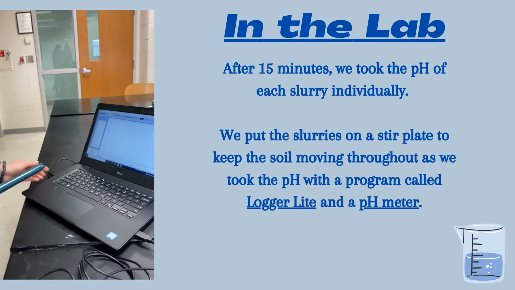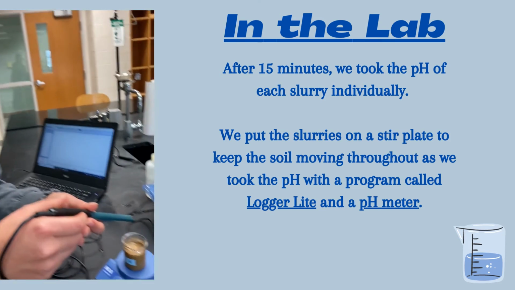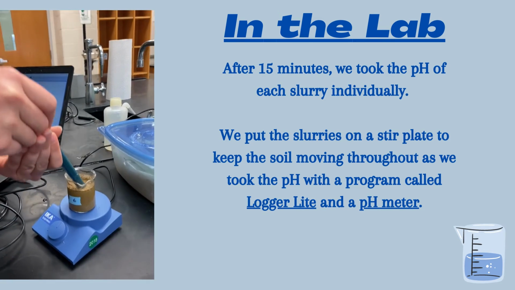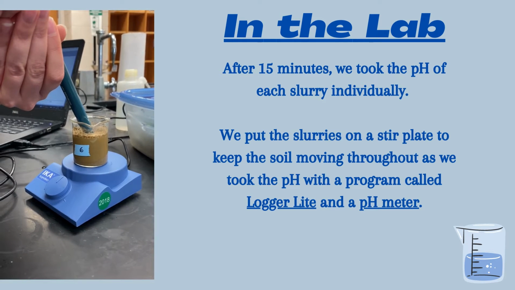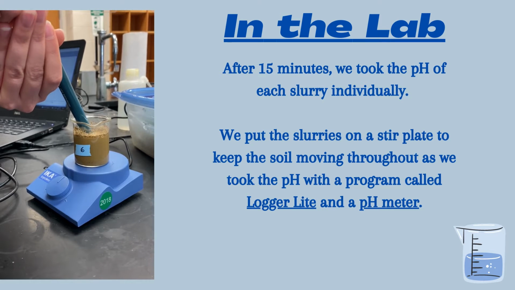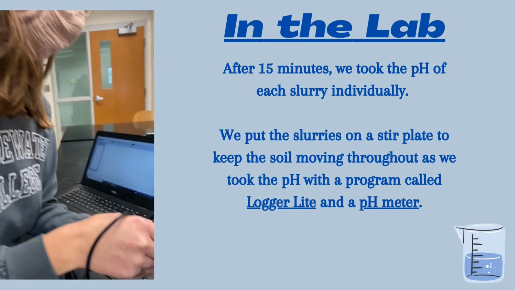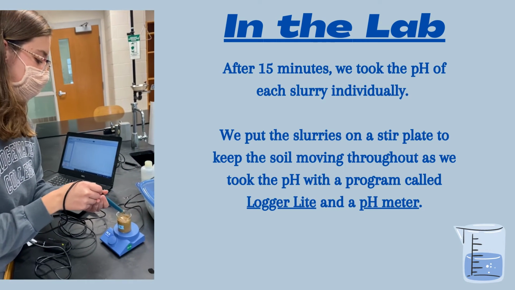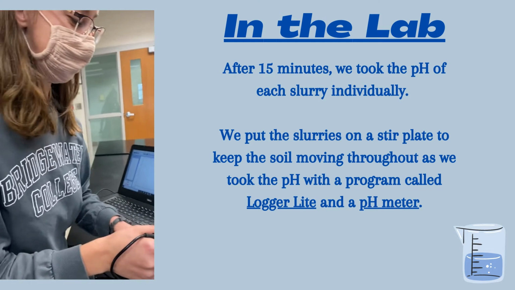We're using Logger Light to show the pH, going in very gently, making sure the bottom doesn't touch the pH probe. It looks like this one's about 5.9. After that, we'll just take it out and turn it off for the next one.